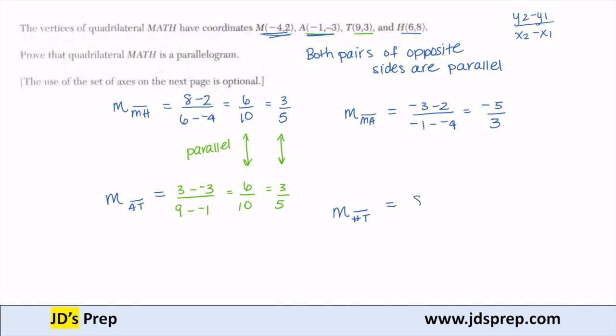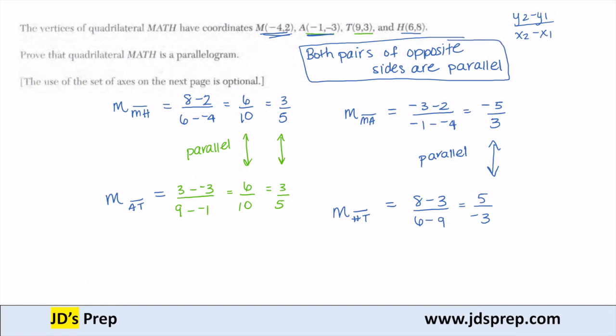My Y's 8 minus 3 over my X, 6 minus 9. That gives me 5 over -3. So again, these slopes are the same. Because the slopes are the same, that means that these two lines are parallel. So I have both pairs of opposite sides are parallel, which means that this quadrilateral is a parallelogram.